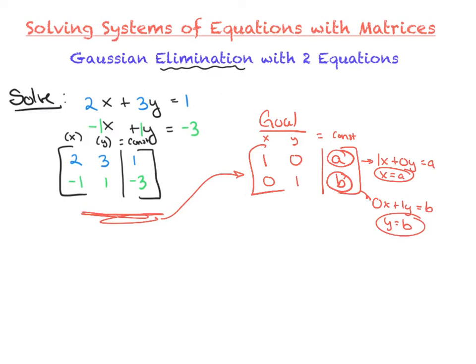So our goal is to get 1, 0, 0, 1 on the left-hand side of our matrix.